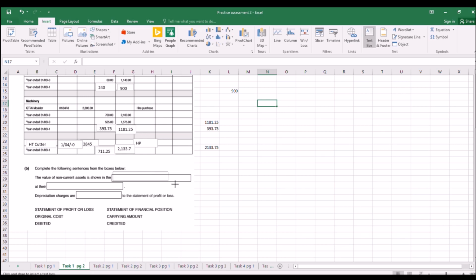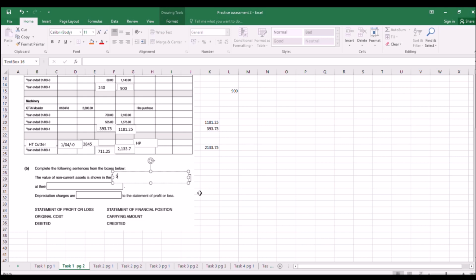So, statement of financial position at there, and then it would be original. All right, now the value of non-current assets is shown within there. Now, there'd be two positions here. This is a little bit tricky actually, because what you would see is there would be two things here.